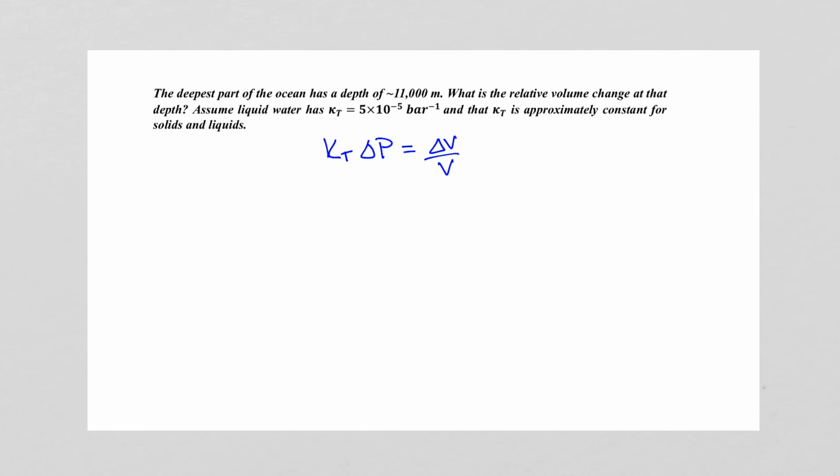So the information that we need is our delta P. We've been given our kappa T in our problem. The only other thing that we need to get our relative change in volume is the information about the change in pressure for that depth of water.